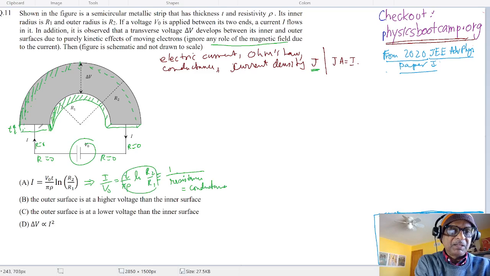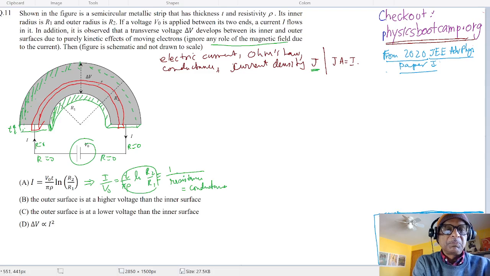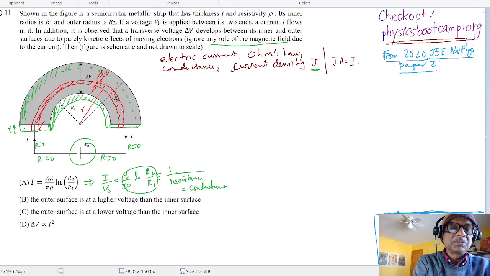So let's look at a little piece at distance r and thickness dr. You have a wire that long; of course you can stretch it out.